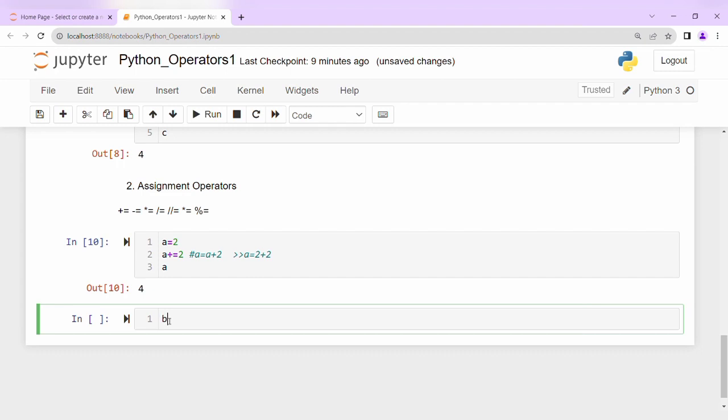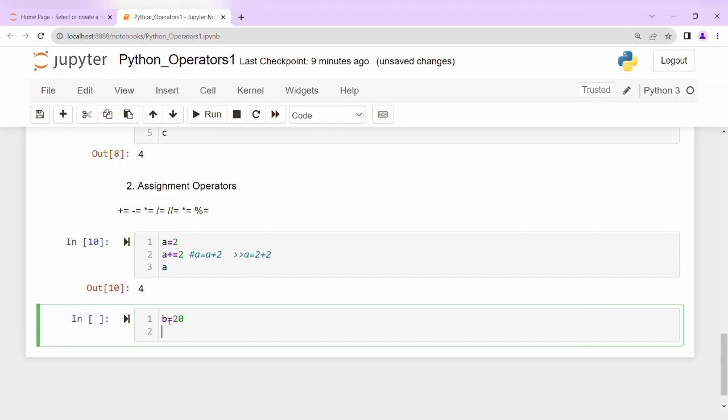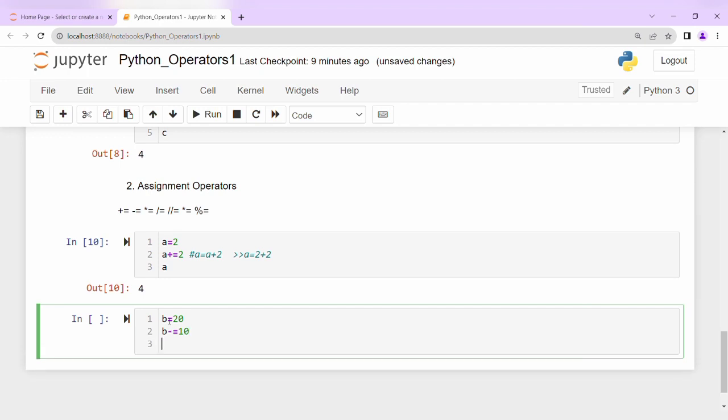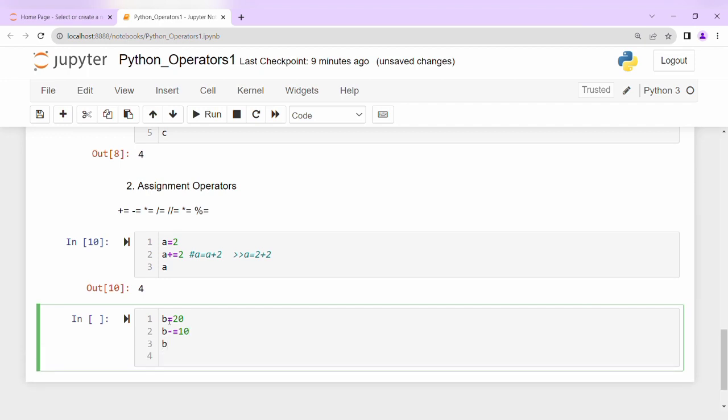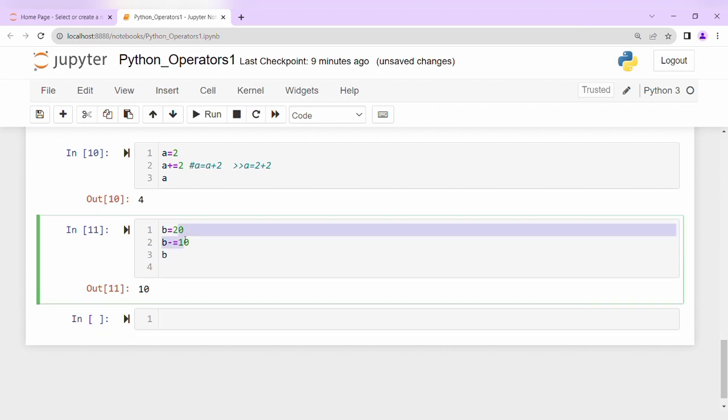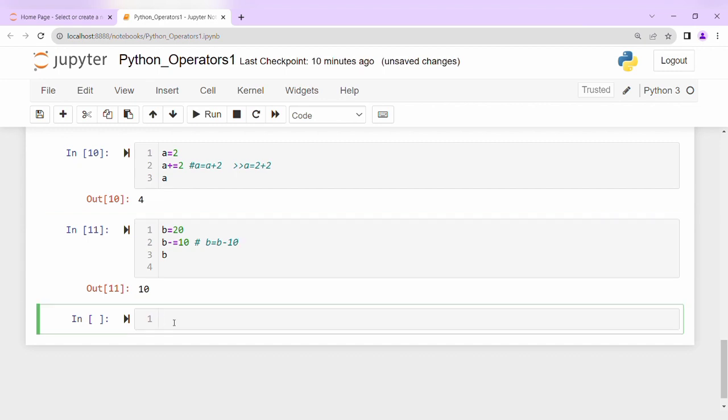Go for next. B is equal to 20. So B minus equal to 10, and see the value in B. So this gives 20 minus 10, output is equal to 10. So it works like B is equal to B minus 10. Next one is C is equal to 10.